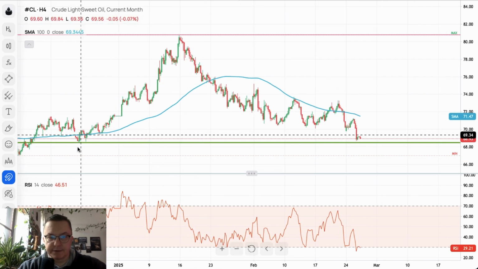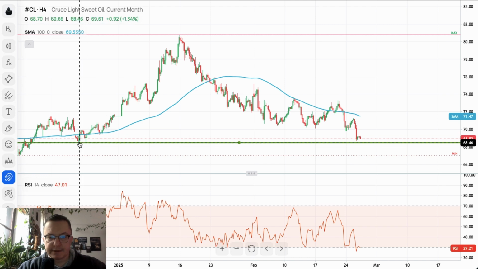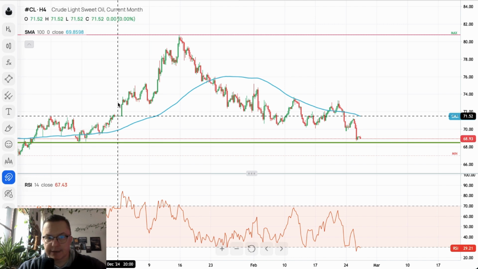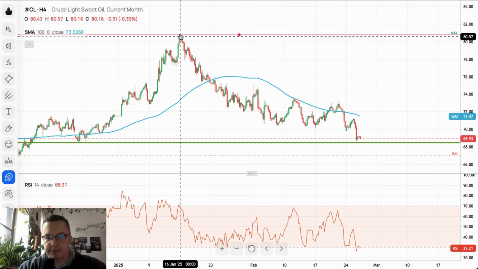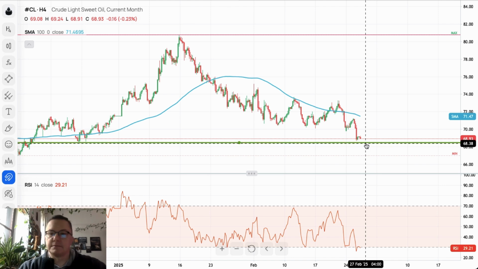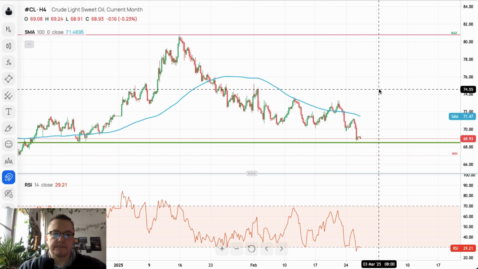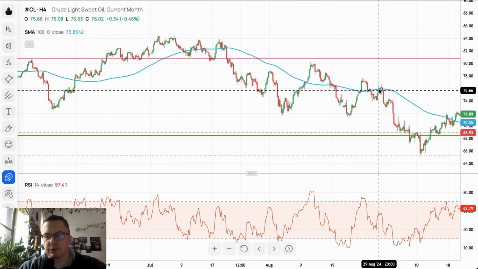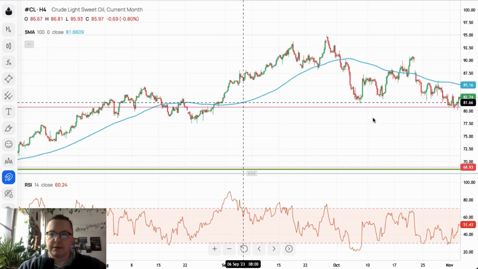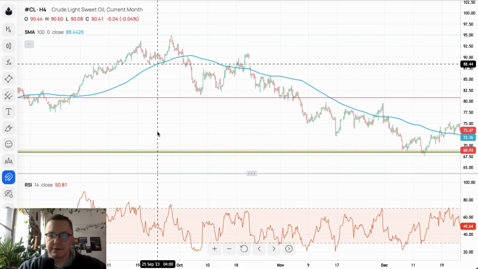As you can see, all of this movement from December 20 of last year has been retraced almost 100%. Let me just, there you go. Oh, this is it.